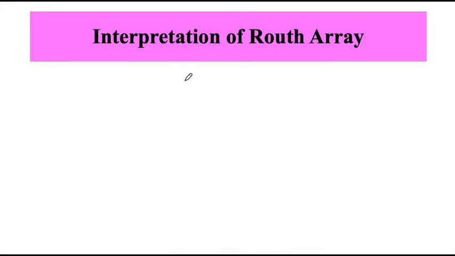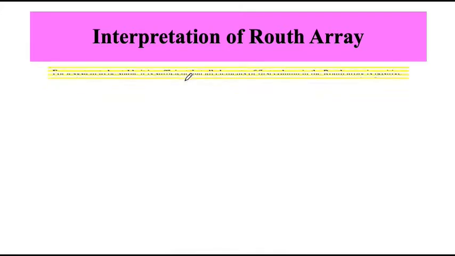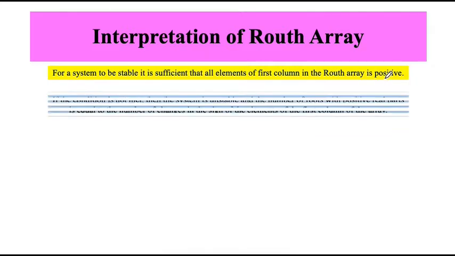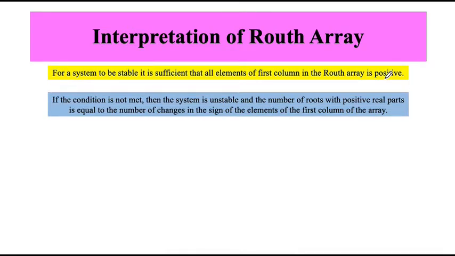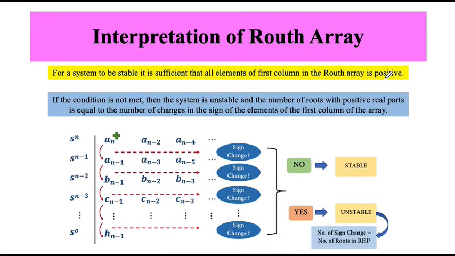Okay, so just to repeat, for a system to be stable, it is sufficient that all elements of the first row are positive. Again, we will see why it is just a sufficient condition. If this condition is not met, if there is a sign change, the number of roots with positive real part is equal to the number of sign changes. So if you just look at this, I will go from An to An minus 1.